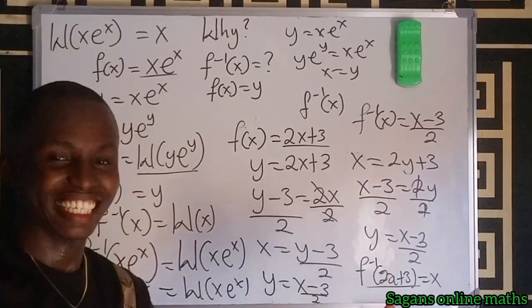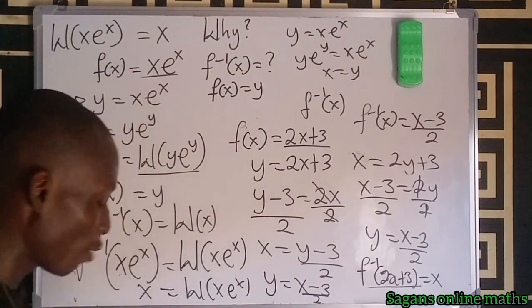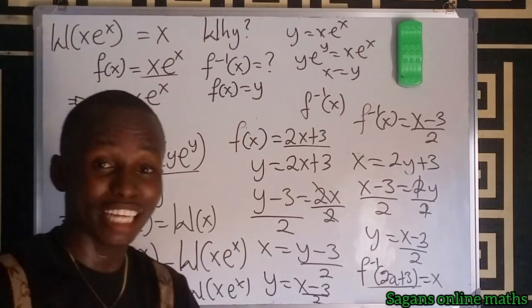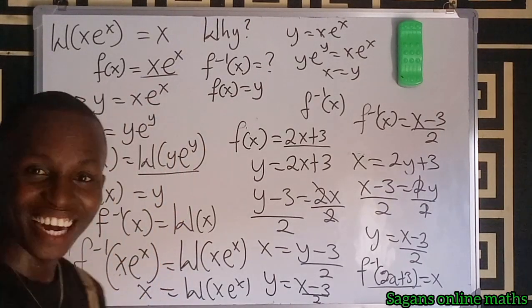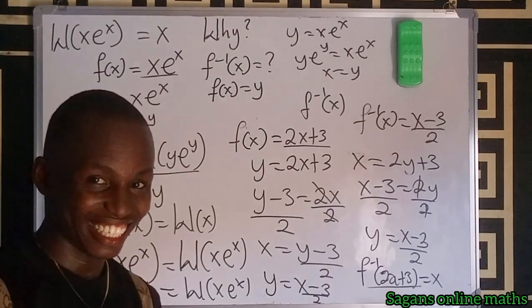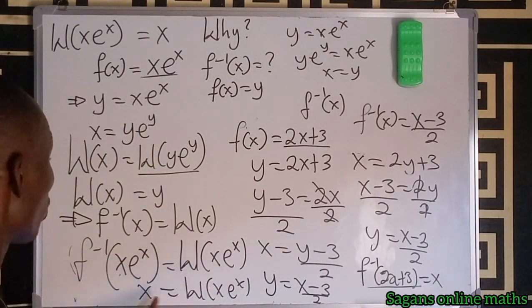Amazing. Excellent. I see how simple and interesting it is. Whenever you see the w function of s multiplied by e to s, it is always equal to s. Wow, this is amazing. So have you seen why the w function of s multiplied by e to s is always equal to s?